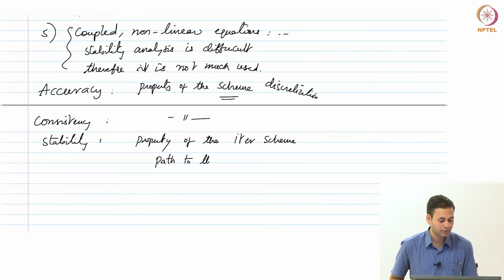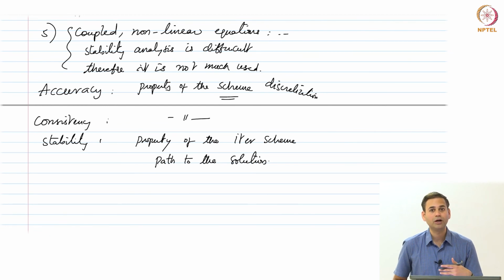Which path do you take in order to obtain a stable solution? Essentially, stability measures the path you are taking. You may take a path which will diverge, then it is not stable. It has nothing to do with the discretization scheme you have used. You could use a second order scheme, but if you use an unstable method in the time stepping scheme, then it may not converge.